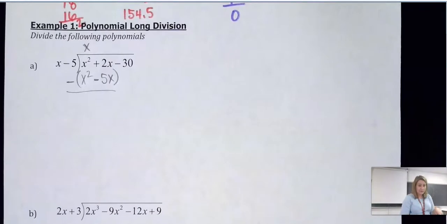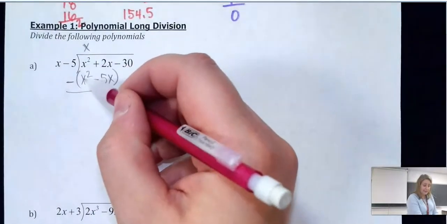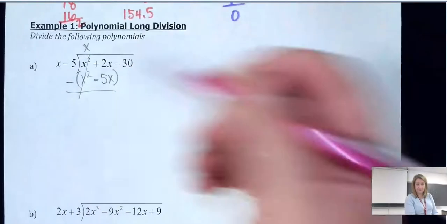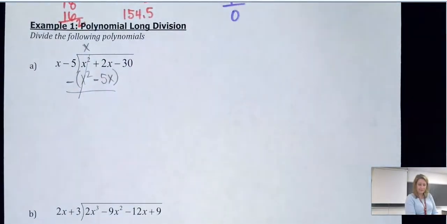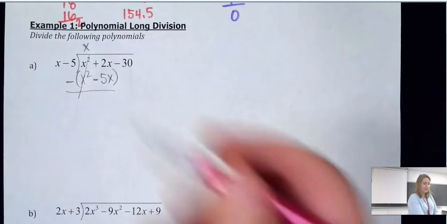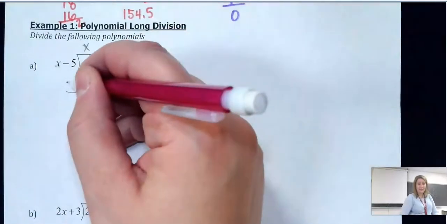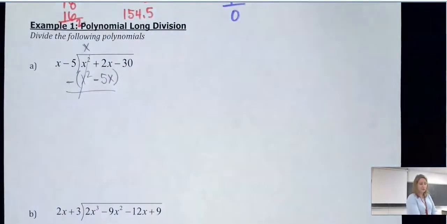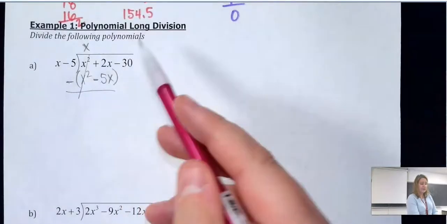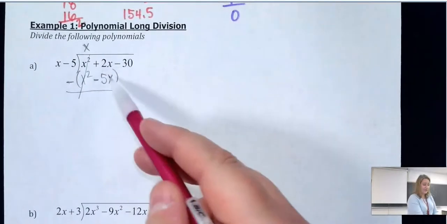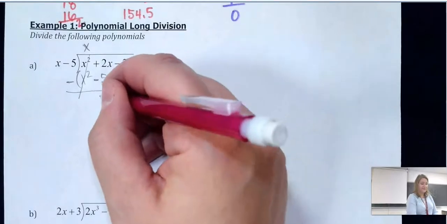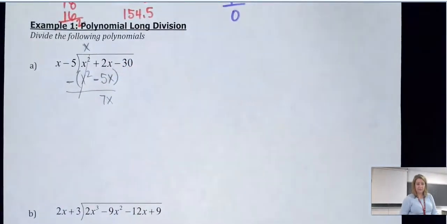Now this can be kind of tricky. So x squared minus x squared should cancel. That first term should cancel. The second term is the part that's a little tricky. This is 2x minus a negative 5x. So I'm actually going to add 5, and this would become 7x if I subtracted those two.